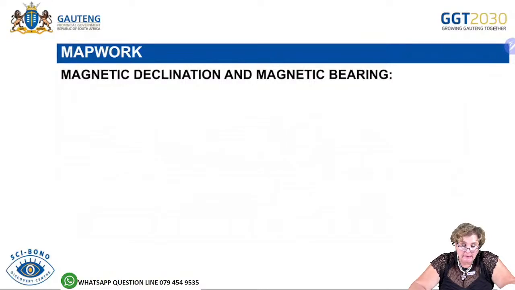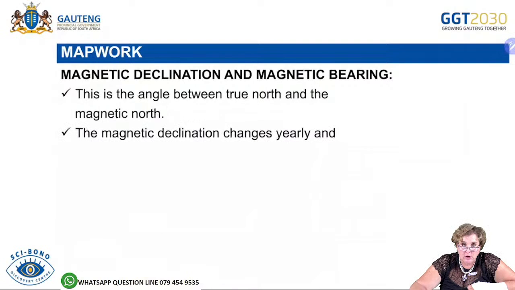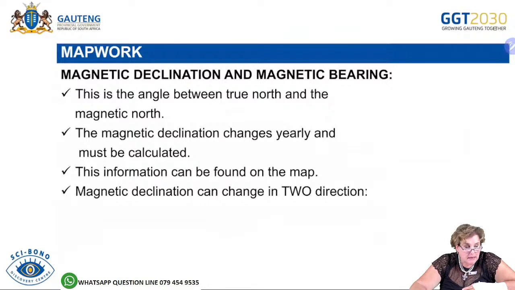What is magnetic declination and magnetic bearing? Magnetic declination is the angle between true north and magnetic north. The magnetic declination changes yearly and must be calculated. The magnetic declination can change in two directions.